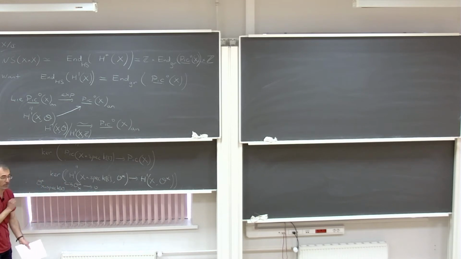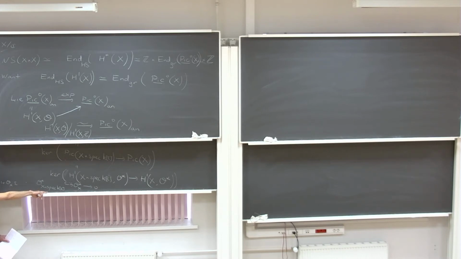And what is the kernel? Suppose I have an invertible function on x times this guy, which is equal to 1 at epsilon equal to 0. I claim that the kernel is going to be 1 plus OX times epsilon. This is an example of an invertible function here, right?